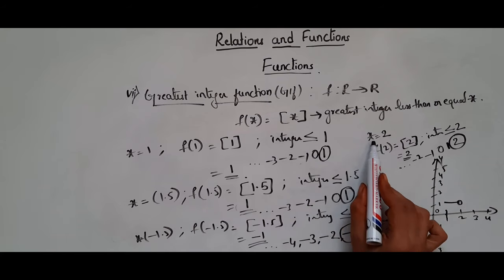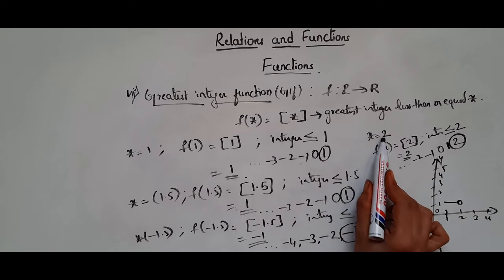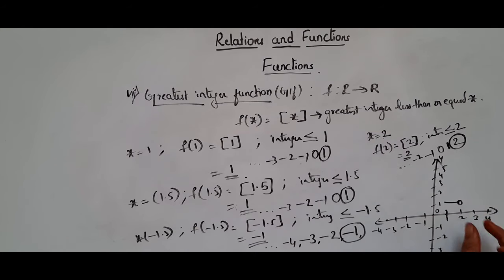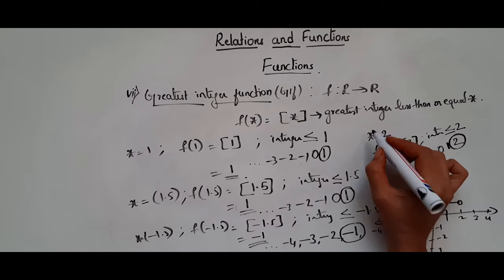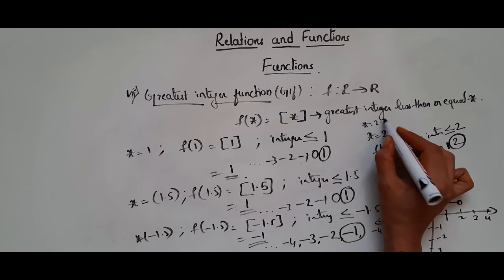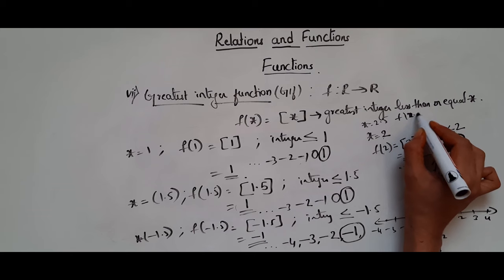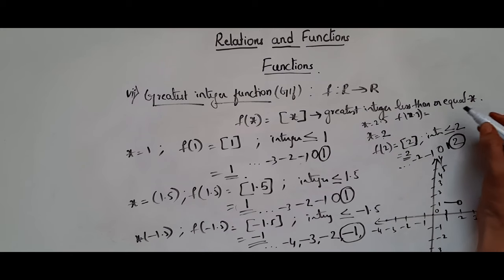Similarly, for x is equal to 2 and x is equal to 3, for the values of x in between 2 and 3, your y value will be 2. For example, if I take x is equal to 2.5, what is the value of f of x? F of 2.5 means the integer less than or equal to 2.5. So it will be 2, 1, 0, -1.